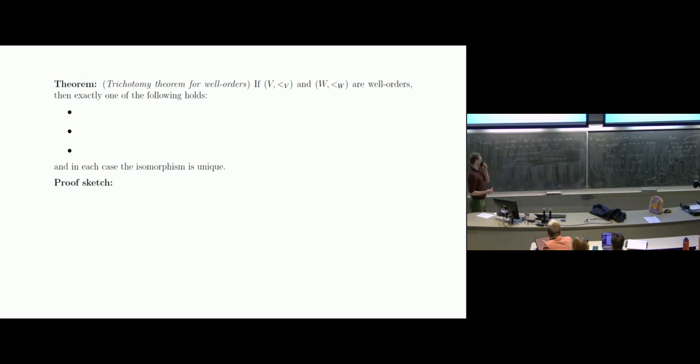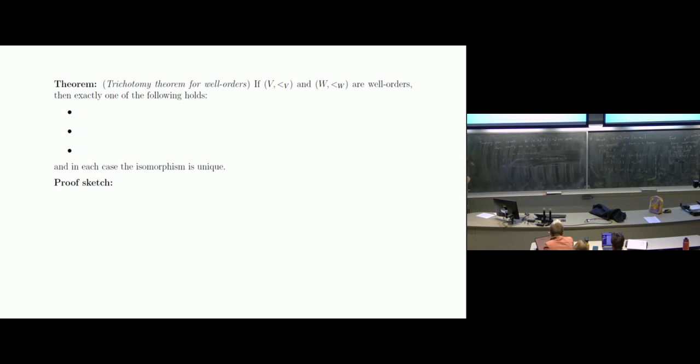And we ask, am I done enumerating one of my sets? If not, then there's a V1 and there's a W1, which are the next biggest thing. And then I have to match those up together to preserve the order relation. You ask, am I done enumerating my sets? If not, there's a V2 and there's a W2. And you keep doing it in that fashion.